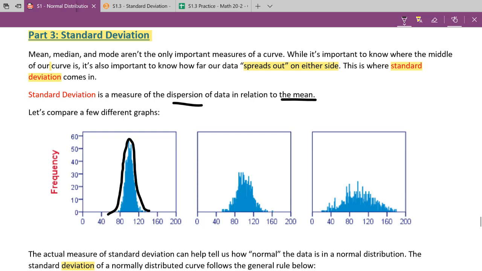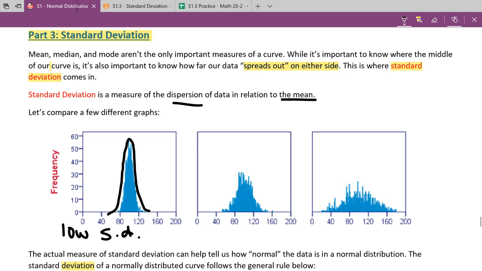Our whole graph seems to be hitting between about 80 and 120 on that bottom x-axis. It's a very narrow bell shape. So this is something that has low standard deviation. It does not deviate very far from the middle. It is not very spread out from where we find that mean right in the center.